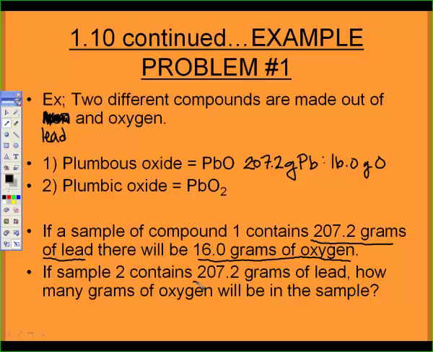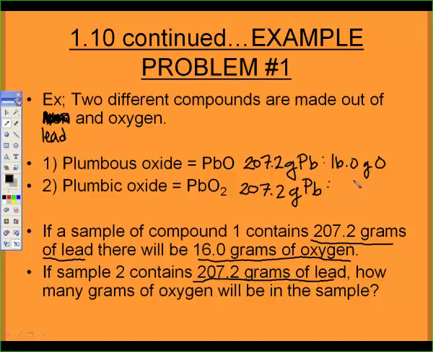Sample 2 contains 207.2 grams of lead. How many grams of oxygen will be in the sample? So find what's the same first. The Pb stays the same in terms of mass. Does the oxygen stay the same in terms of mass? No, it does not. It should change in a whole number ratio.